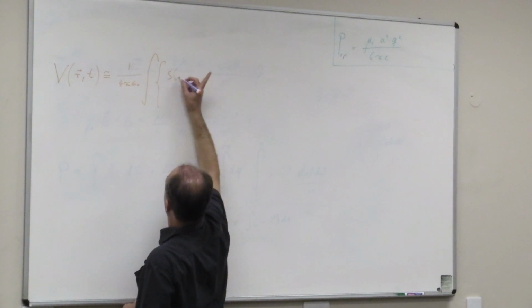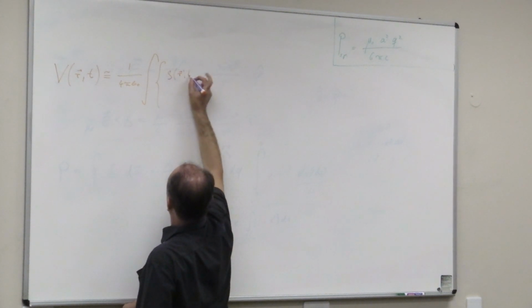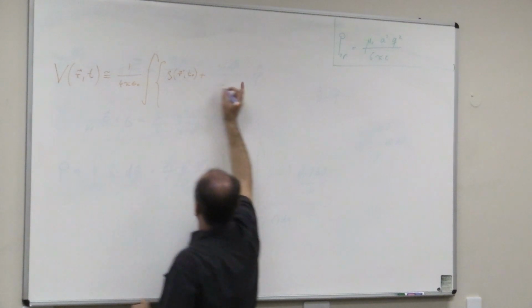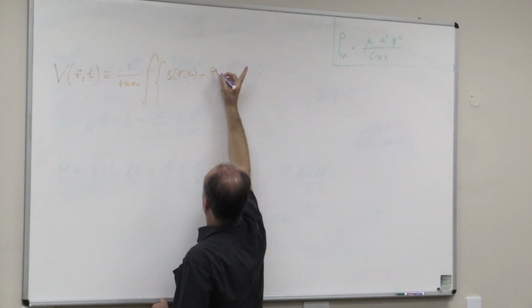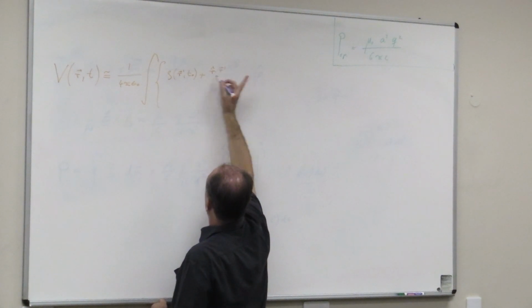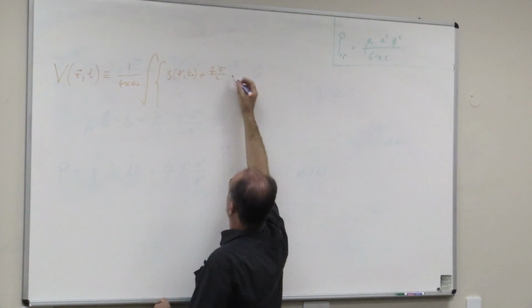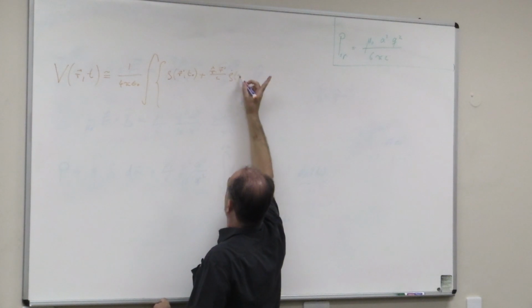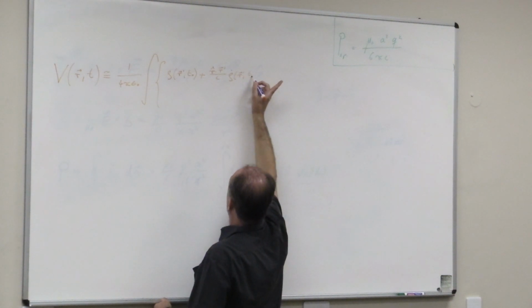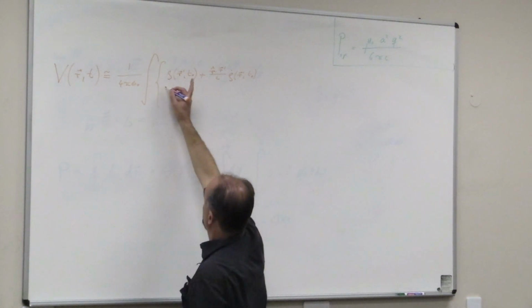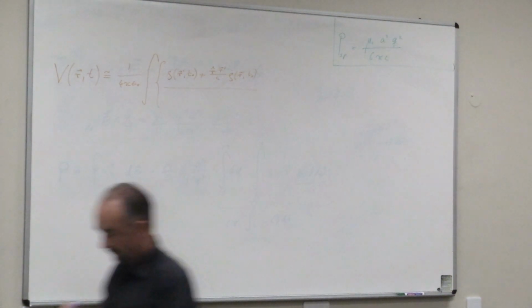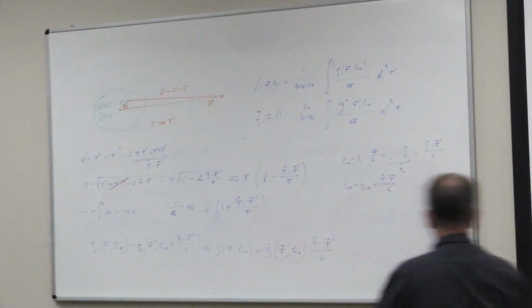For rho we say rho of r prime, t naught, plus r prime over c, rho dot of r prime, t naught. That is our first approximation.